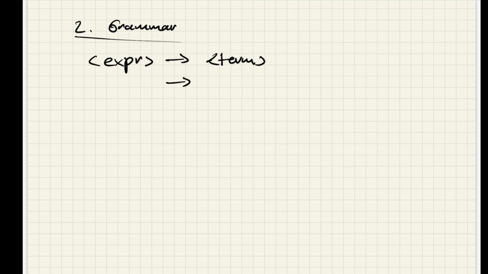An expression also can be an expression followed by a plus. So I now have, in addition, the operations not only plus, but also multiplication. So these are the legal operators, followed by a term. So I again go back to the left associativity. That's how it's defined in C.